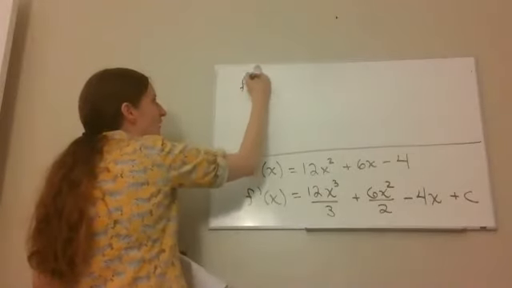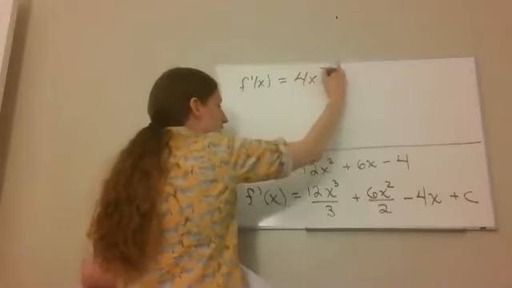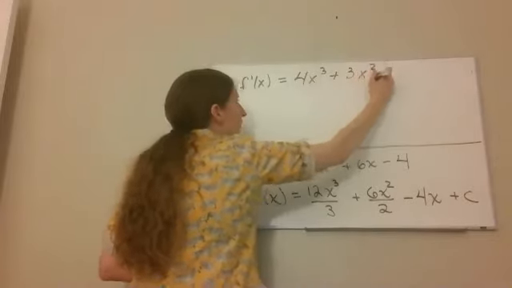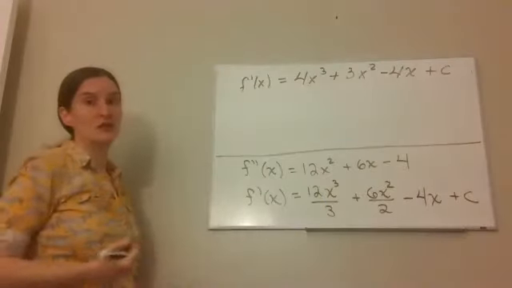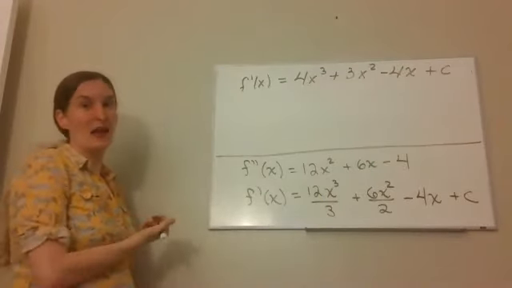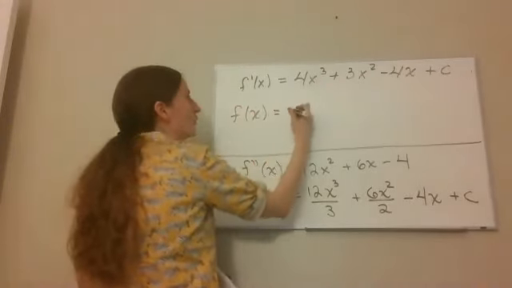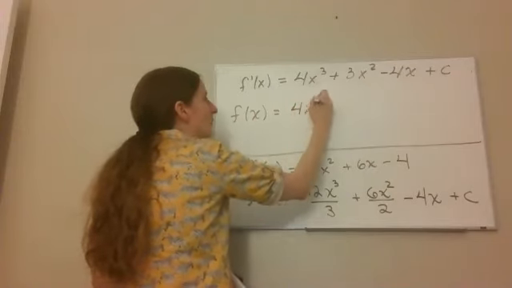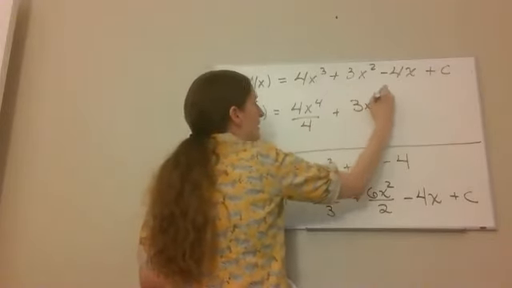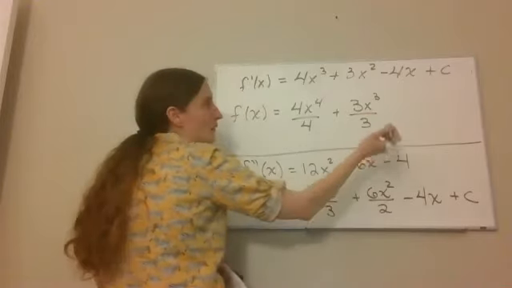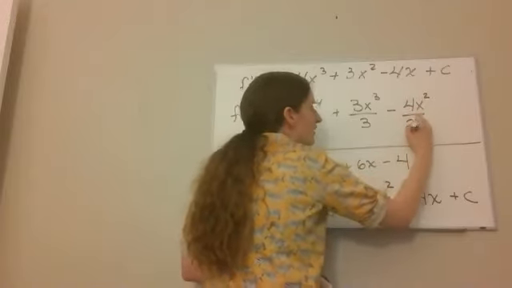My first derivative, when I simplify my fractions, is 4x to the third plus 3x squared minus 4x plus my constant. Now I'm going to do the antiderivative again to get me f. Doing another antiderivative, I have a power rule again, so I'm going to add 1 to the exponent, divide by the new exponent.